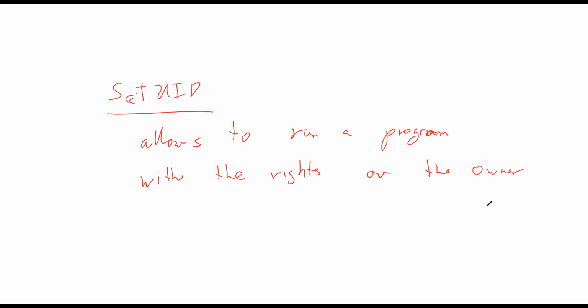And this, you know, which is root in this case. I mean, it could be another owner, but obviously the owner that you want is the one that has that effective, that real ID of 0, so that it can become your effective ID.